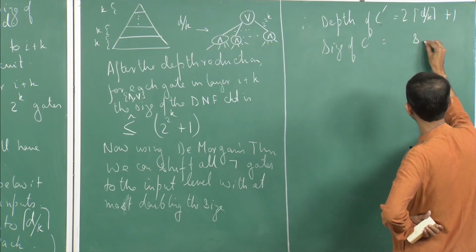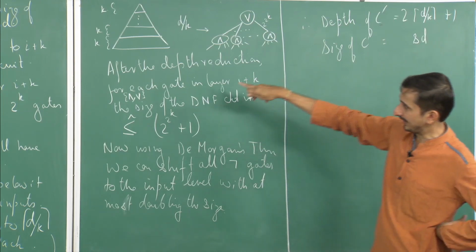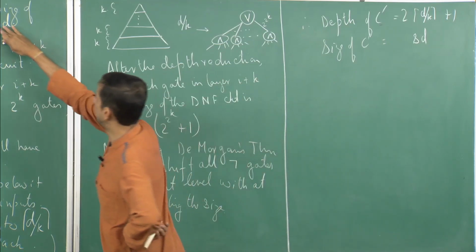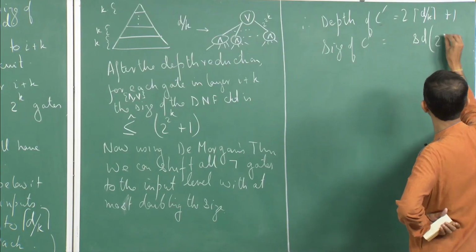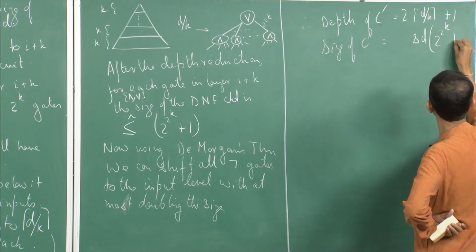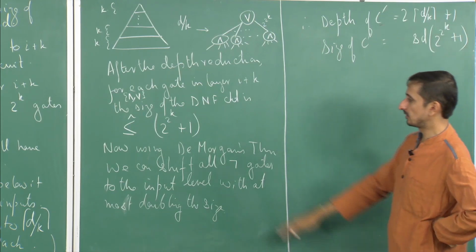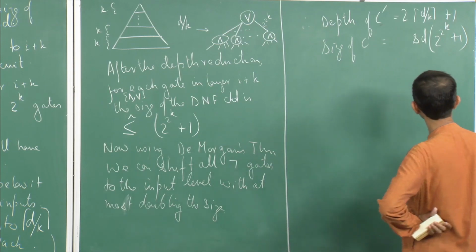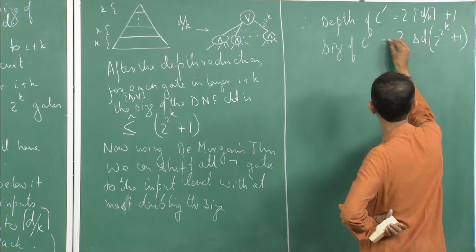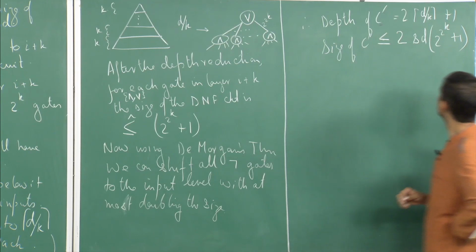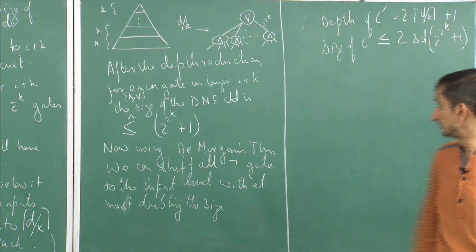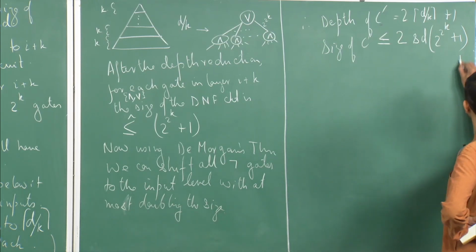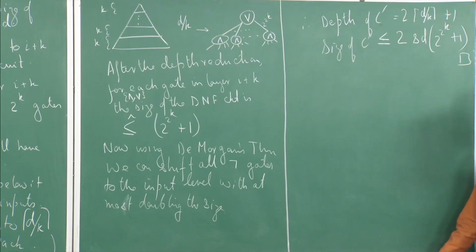When I layered it, the size went up to at most S times D. So, it is SD times 2 to the power k plus 1, and because of applying De Morgan's theorem, this is at most twice. This is an upper bound. So, this proves the theorem.